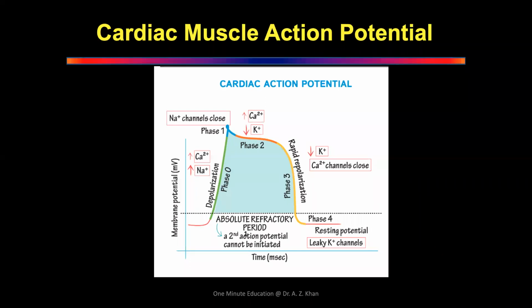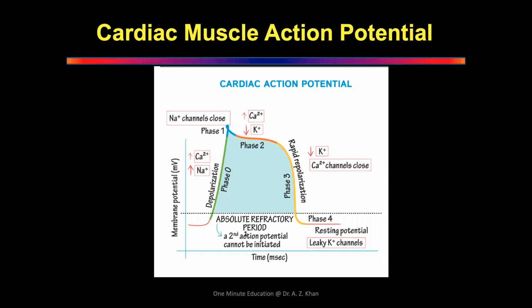The important thing in this chart is to understand that there is the blue under the curve. The blue under the curve is called the absolute refractory period, which means a second action potential cannot be initiated. So you cannot have a second potential being initiated in the middle of this.